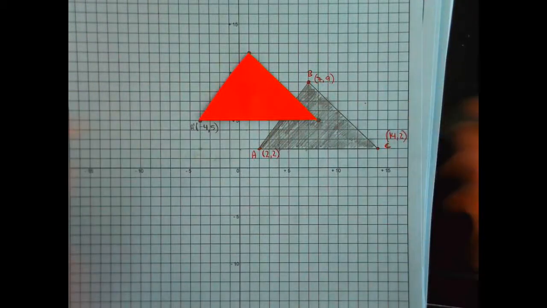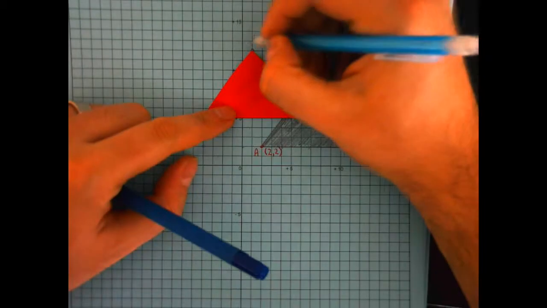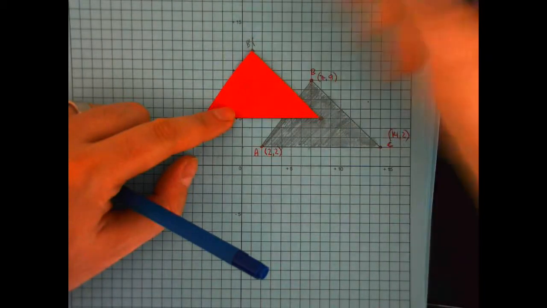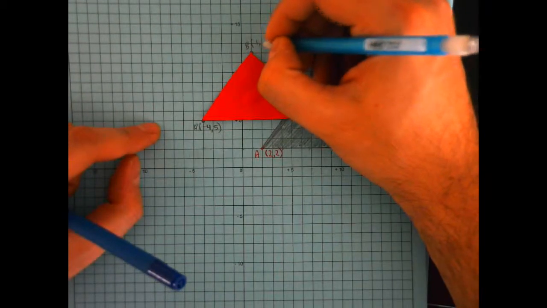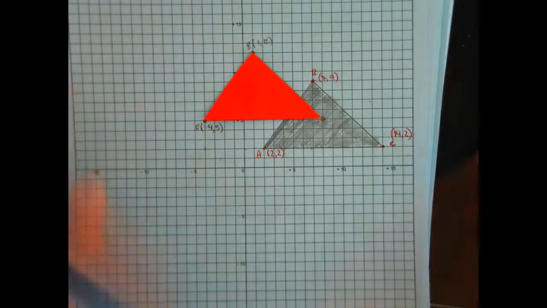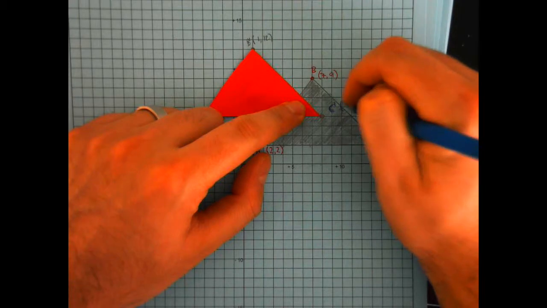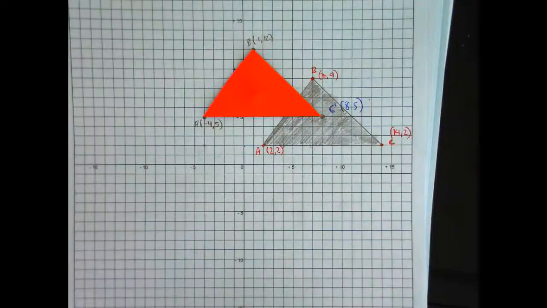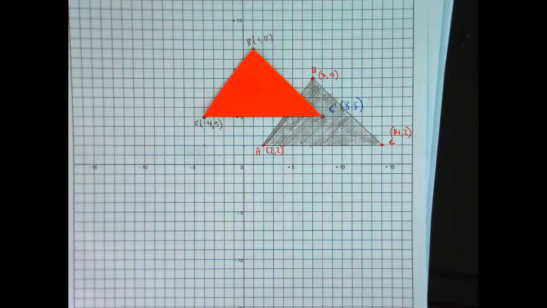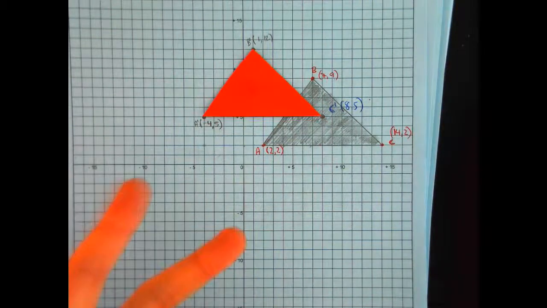B prime, we said was 1, 12. C prime, you said 8, 5. See, in this case, the shapes have overlapped. But if you use a cutout and you find one point, you can find the entire shape easier, and you can confirm it.